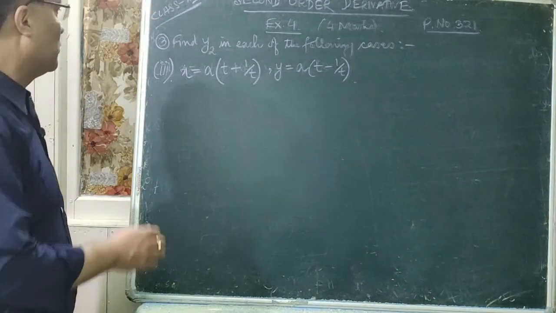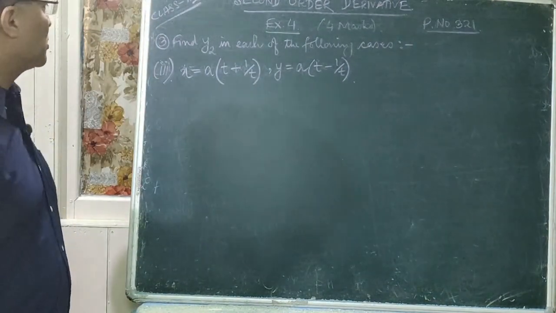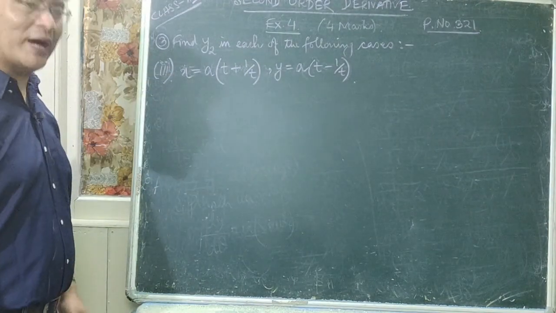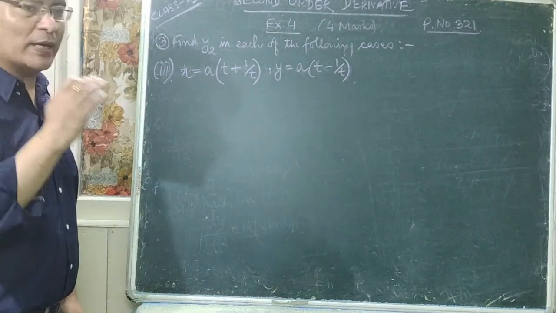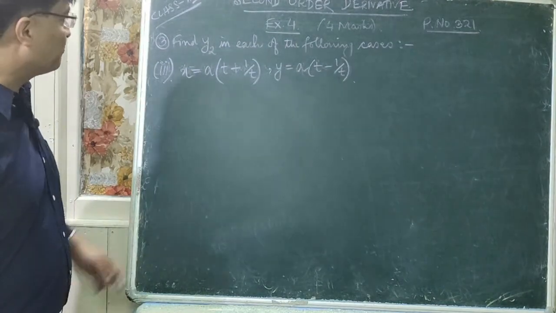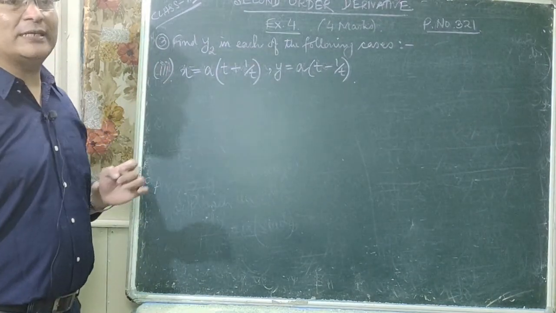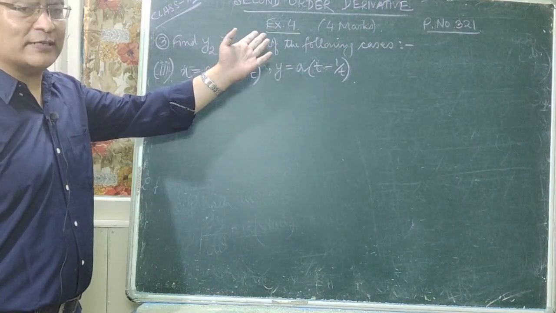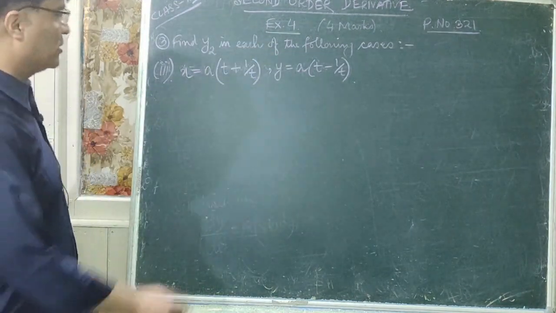So now we'll do the next question, that is question number 3. Here also you have to find out y2, that is d square y by dx square. Okay. Now first of all you have to get dx by dt, then find out dy by dt, then you have to divide them to get dy by dx. Okay.